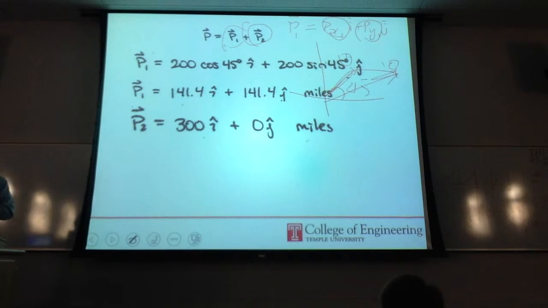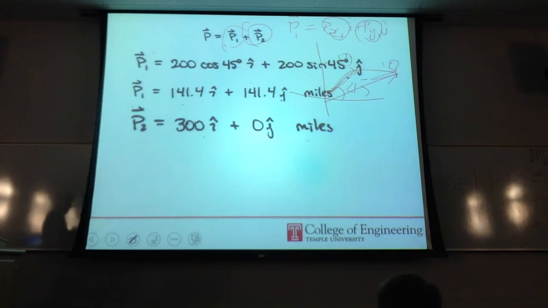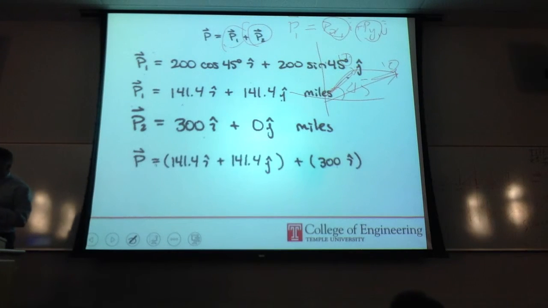Who agrees with her? Nobody? Then you got to stay. Sorry. So, we found P1. We found P2 bar. What do we need to do? Yes. Add them together. Right. The easy part.